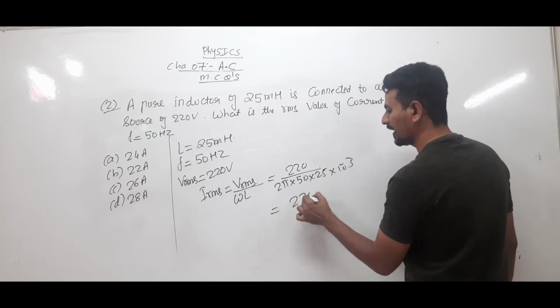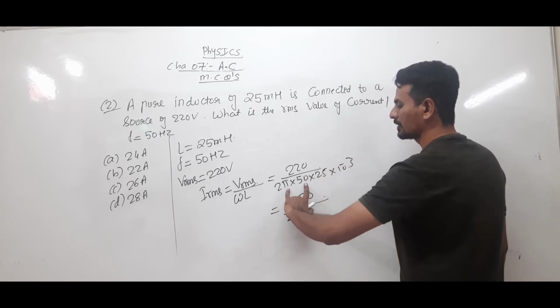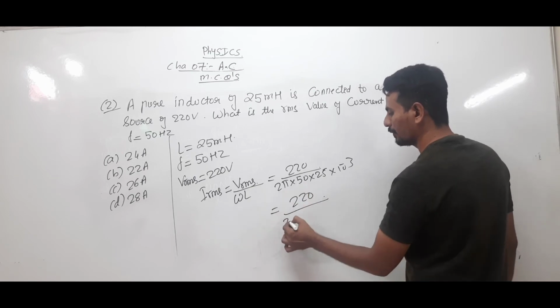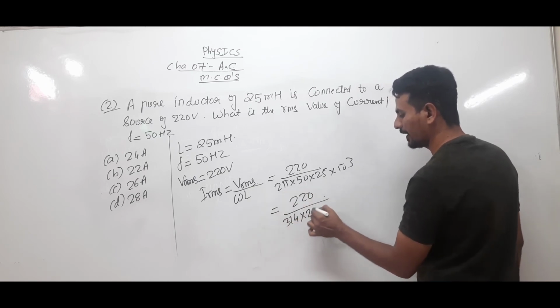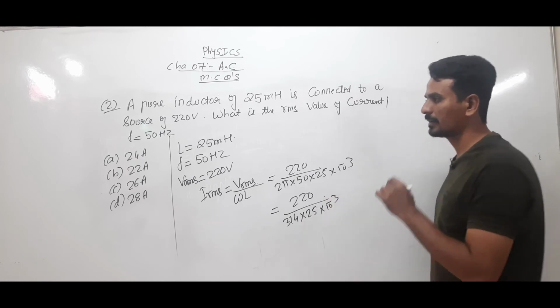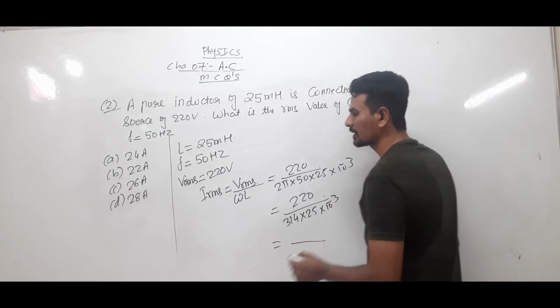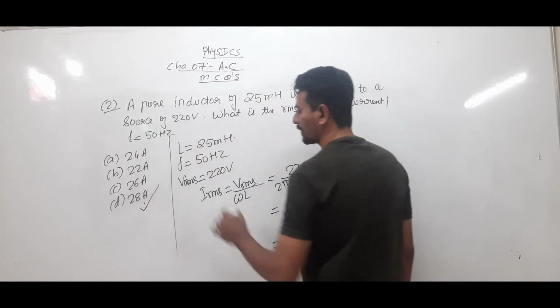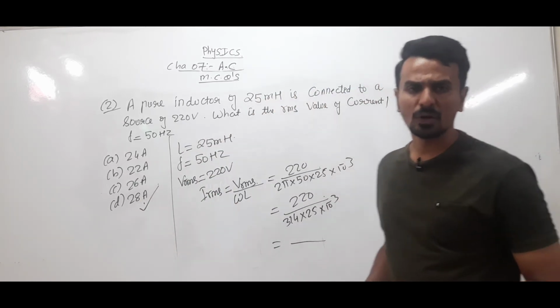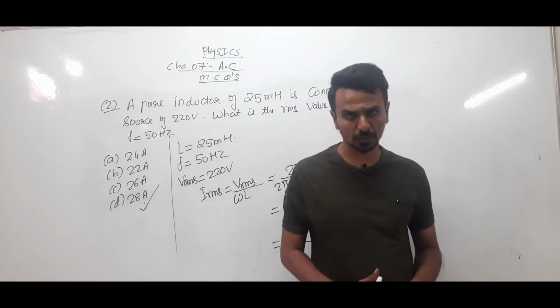So this will be 220 upon 3.14 into 100, that is 314, into 25 into 10 raised to minus 3. Clear? On solving this, we will get current equal to 28 ampere. So IRMS is equal to 28 ampere. So D is your correct option.